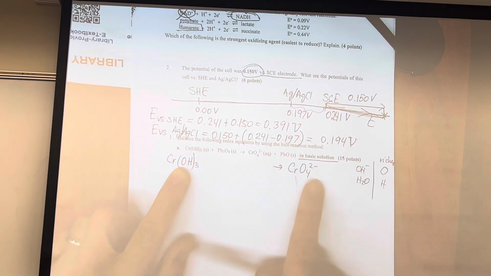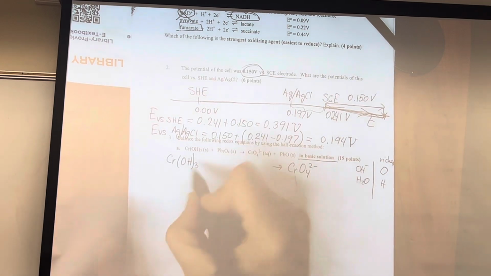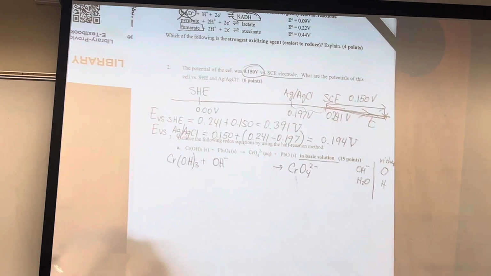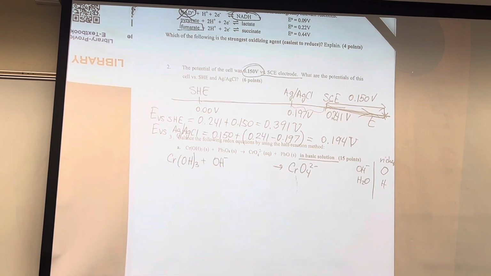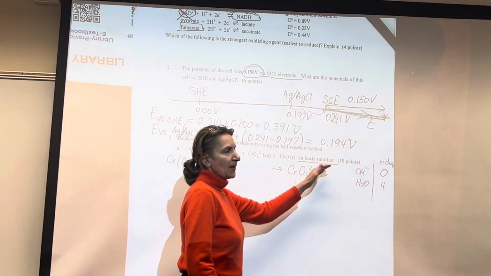Oxygen: 3 oxygens on one side, 4 on the other side. It would be nice to add something oxygen-rich to the right. That will be OH minus. That's what I'm adding. Right now my oxygen is fine, but I also have 4 hydrogens here and no hydrogens up here.